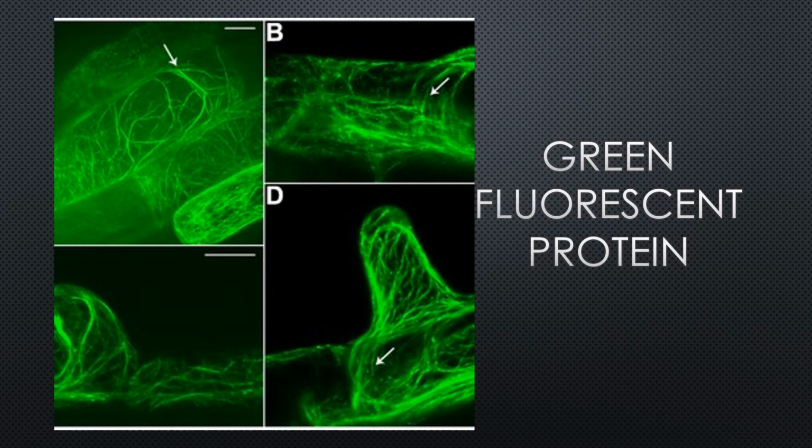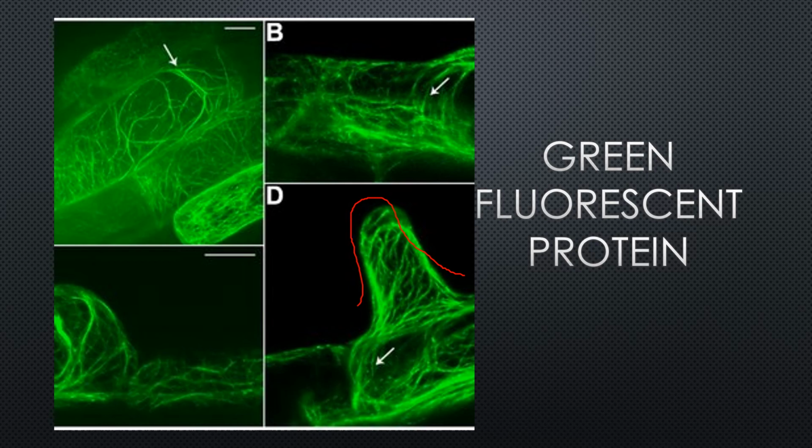So for instance, on this image here, we are looking at roots that have root hairs growing out of them. So this right here is a root hair, so it comes off the side of a root. And what we have labeled with green fluorescent protein here is actin filaments, so part of the cytoskeleton.